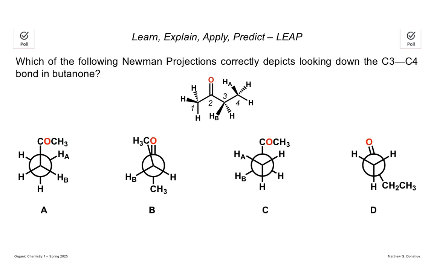So looking down 3 to 4, I think for this one we said A was the correct response. So again, figuring out what's in the plane, knowing from the zigzag what's going to go up, down, left, or right, can help you move from the flat carbon chain to the Newman.